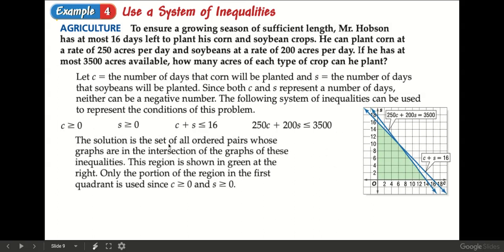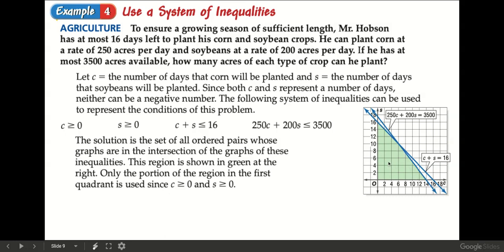So the solution set is all the ordered pairs. If you were to graph these inequalities, they would make these lines with a shaded area below. So the overlapping area is this green one here. Basically, he could do any amount of planting of soy and corn within the shaded area. Obviously, if he wanted to maximize his profit, he would want to go further out, right?